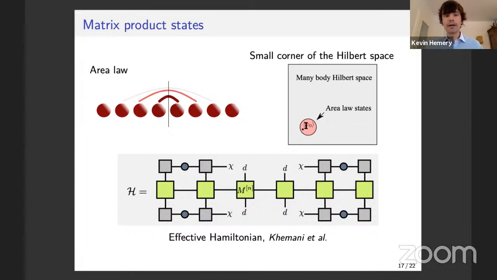Of course the Hilbert space is huge, 2 to the power 50, and it's impossible to store on the computer, but there is this small corner of the Hilbert space where you have a good variational ansatz, which is MPS, which can represent any state within this small corner with arbitrary precision.